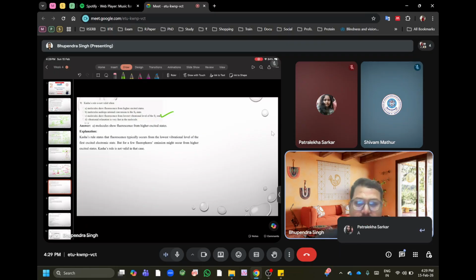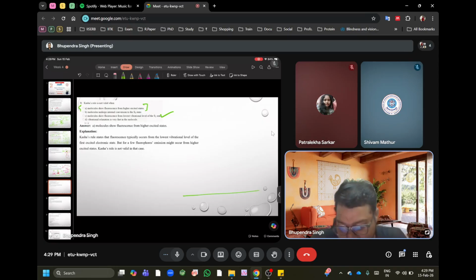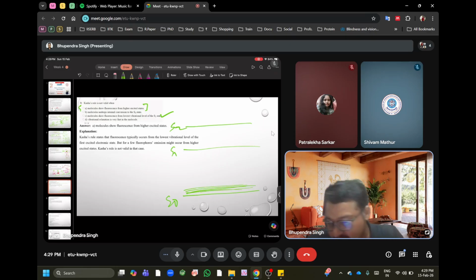You are given the answer A, yes. Which is because Kasha's rule says this: S0, S1, S2. Let's say these are the vibrational states, which I am drawing with this color.